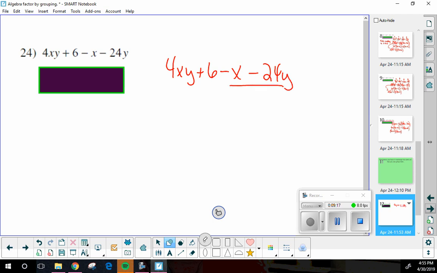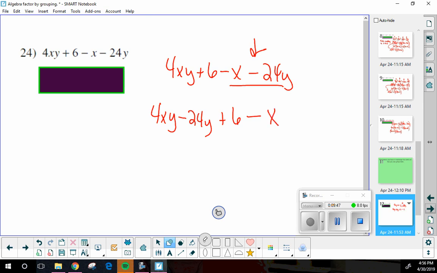And when I group this, I could get a common term of 2, but I can't do anything with this back half. So I'm going to move this 24y over here with the 4xy. So that would be 4xy minus 24y. Keep all the signs the same. And then I'm going to end up with a plus 6 minus x.